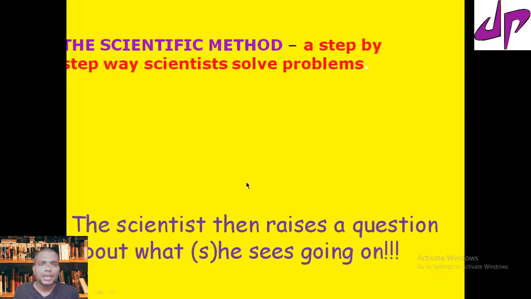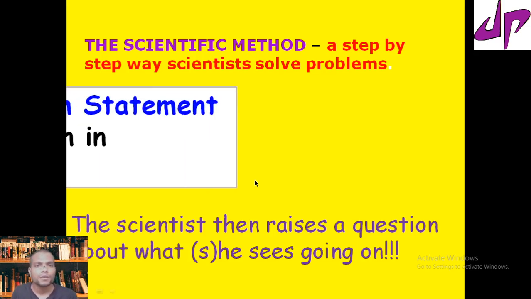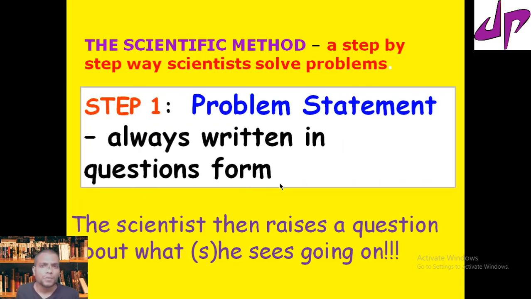Now, to discuss the scientific method, there are certain steps involved. The very first step is to make a problem statement. Suppose you make an observation, that observation always makes a question. Oh, why did it happen?